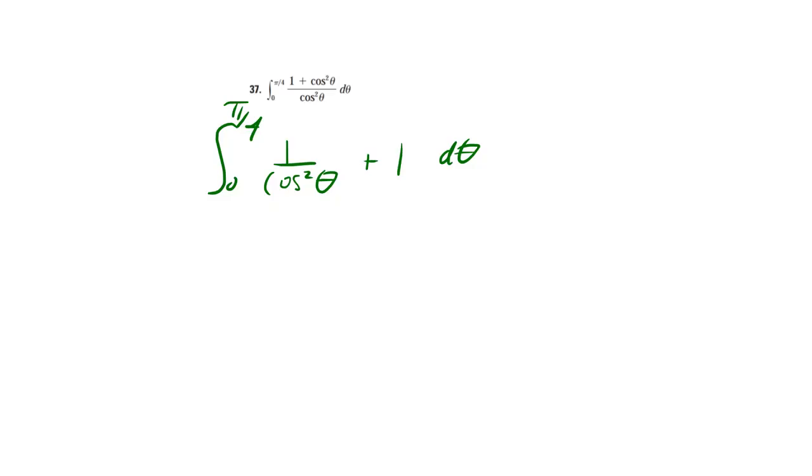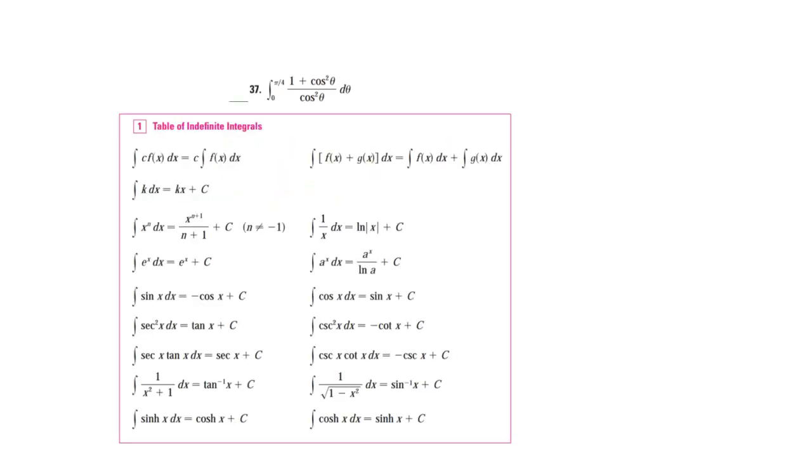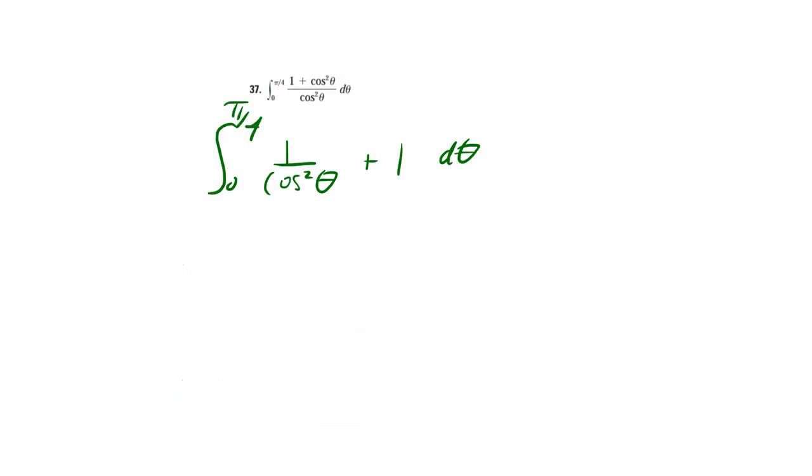And I'm looking at my table and say, oh, is that on here? I don't quite see it written like that, but then I say, wait a minute, cosine squared in the denominator, that's secant squared. Right, this is the same as 0 to pi fourths secant squared theta plus 1 d theta.